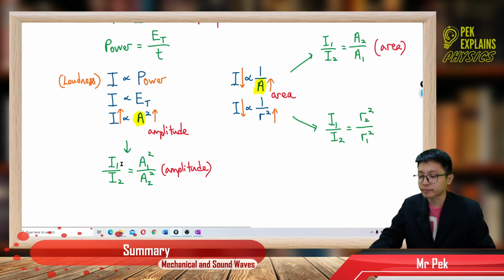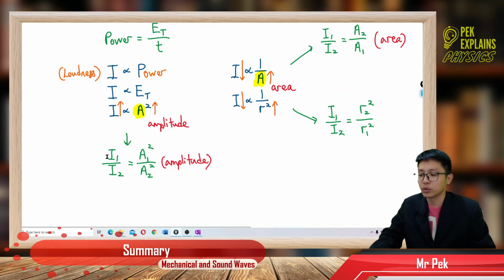So, intensity is proportional to amplitude square. So we can make a ratio: I1 over I2 is equal to amplitude 1 square over amplitude 2 square. When I is proportional to amplitude, they must be at the same level. If I1 is above, A1 must be above.